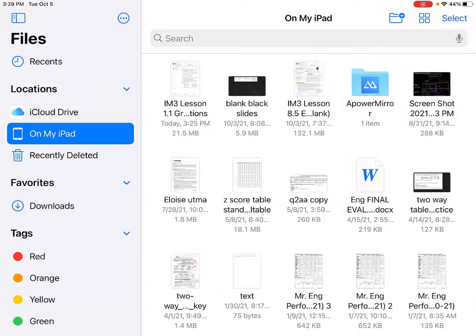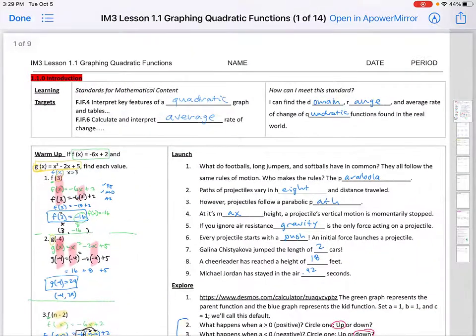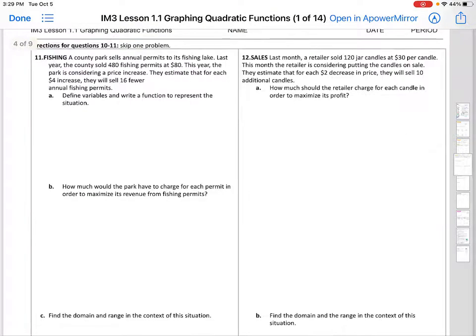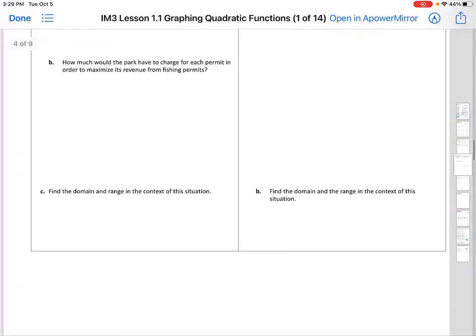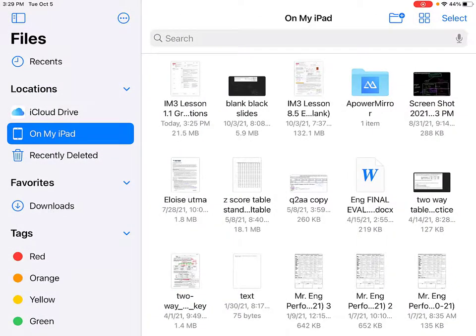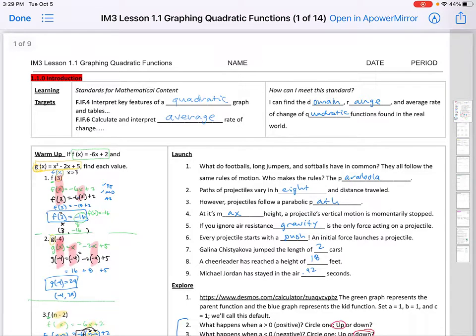This thing does not have all of our, which would be bad because it basically erased everything. Oh yes. I don't know where it is. Bad.